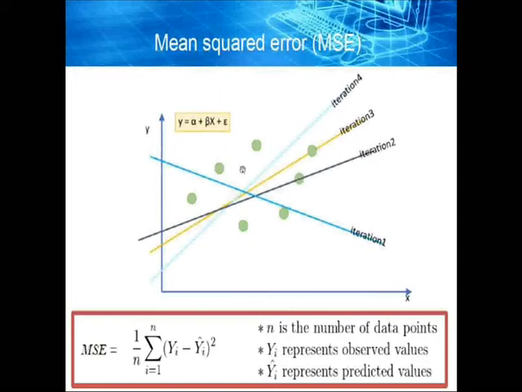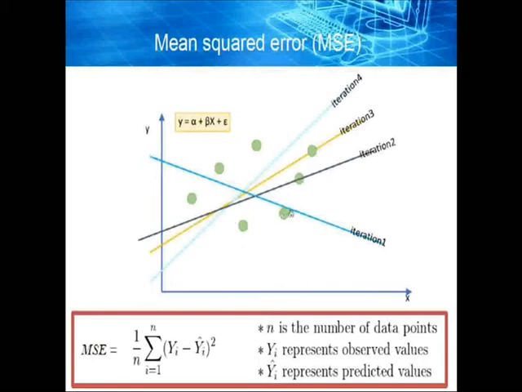Here the graph shows the number of iterations. Each iteration finds the best solution, trying to get the best regression line.